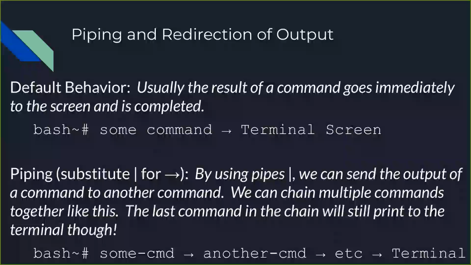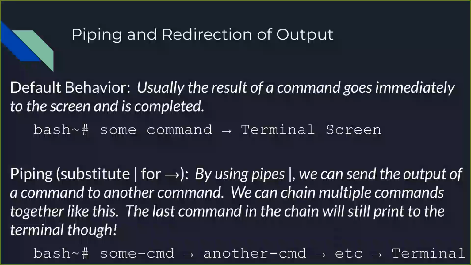In the case above, I would take the ls command, get the output, and then the output would go immediately to the grep command, and the grep command could then run on the results from ls and give me more filtered results. By using this, you can pipe together a whole bunch of commands.